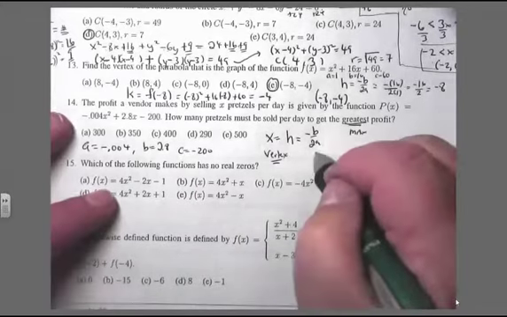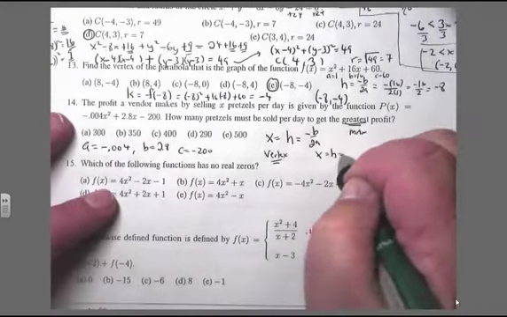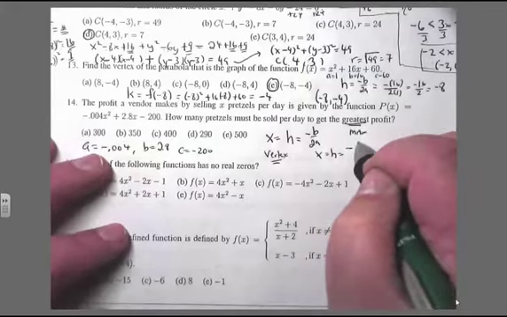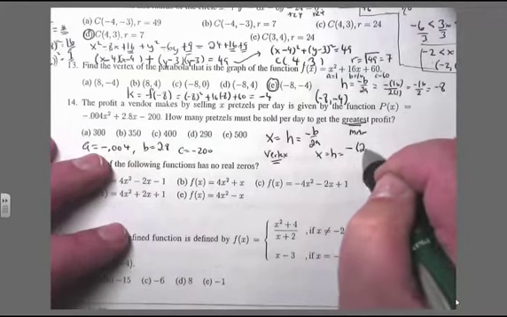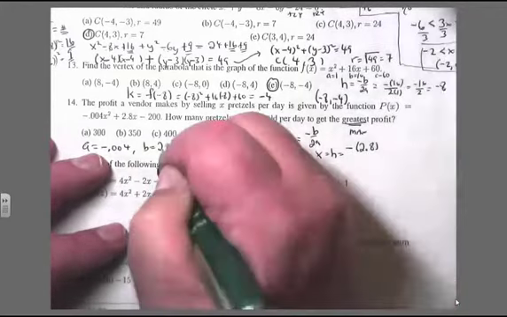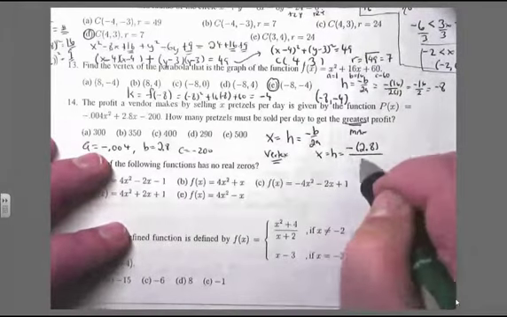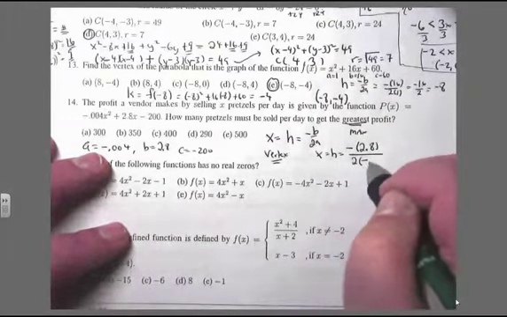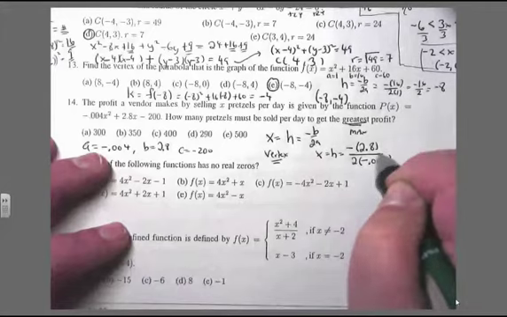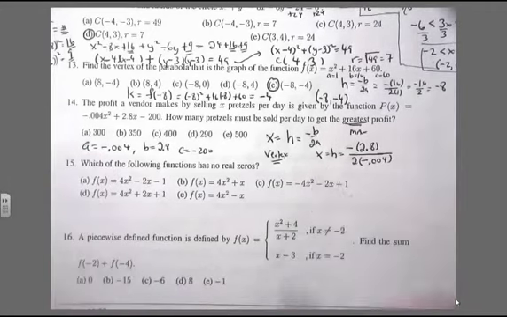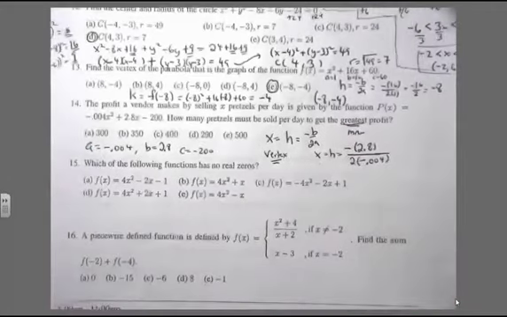Plugging it into the x coordinate called h of my vertex form, this will be negative b, negative 2.8, over 2 times a, 2 times negative 0.004. And x represents the number of pretzels, so once I crunch this out, that's what they want. How many pretzels do we need to sell?